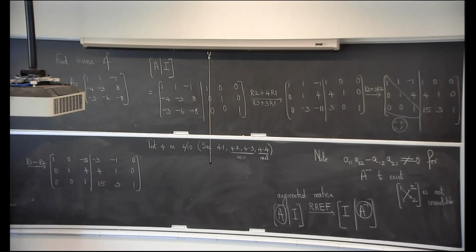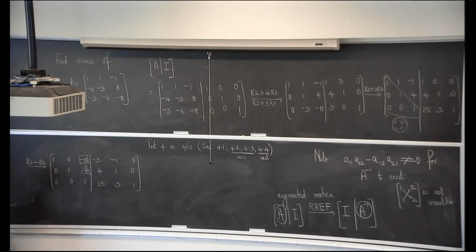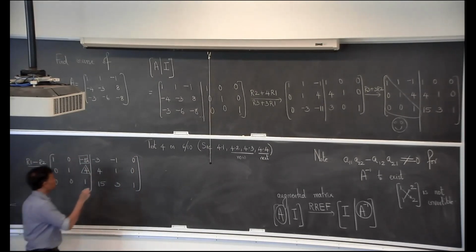Got two more targets here, right? This negative 5 and this 4. Take care of those and we are done. How can we take care of the negative 5? Any strategies which won't kill any other nice things? R1 plus 5 R3, good.